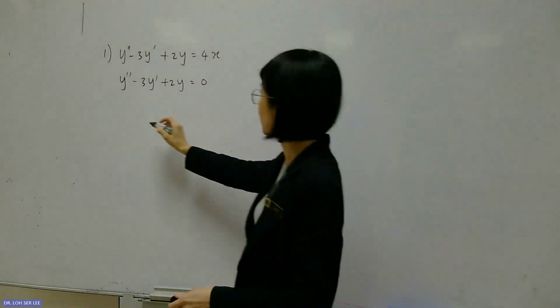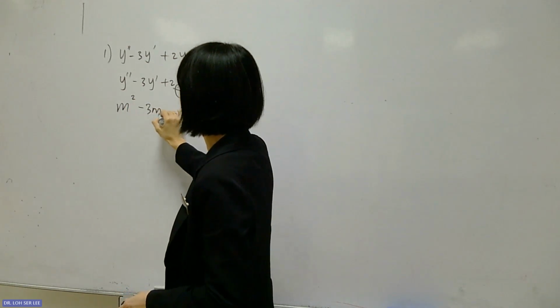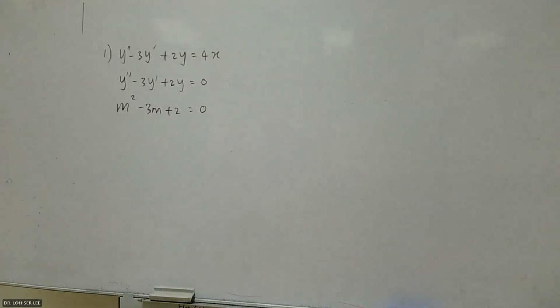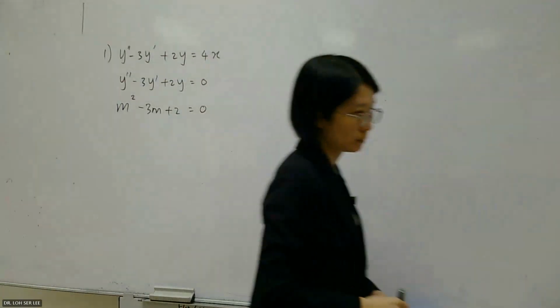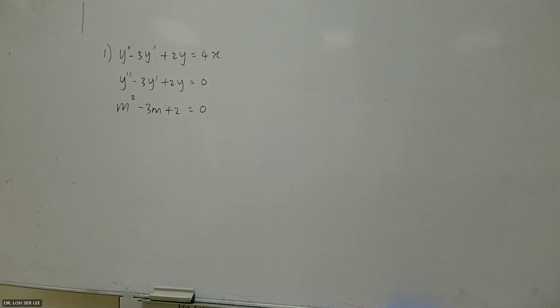So the characteristic equation is m squared minus 3m plus 2. What are your m values? 2 and 1.